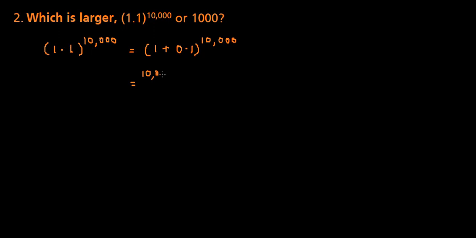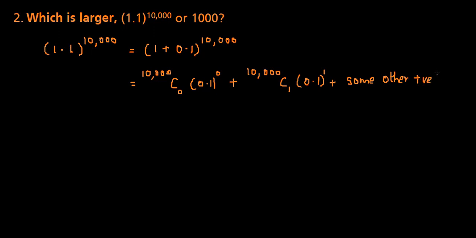So we have 10,000 C0 times 1 raised to the power of 10,000, which is 1, so I'm skipping it, and then 0.1 raised to the power of 0, plus 10,000 C1 times 0.1 raised to the power of 1, plus the remaining positive terms.